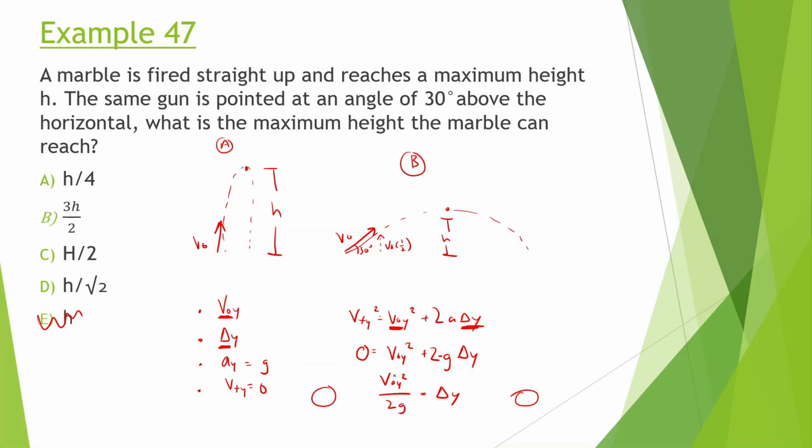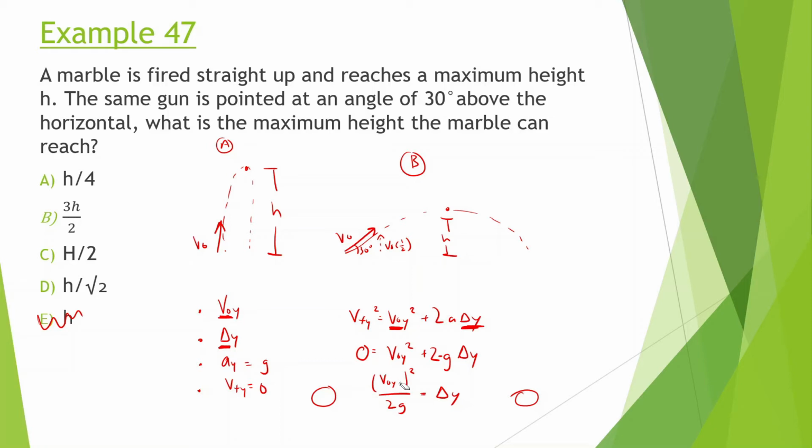So if I change this to be v initial times 1/2, the initial velocity in the y changes by 1/2 squared. What we see is this changes, and we're going to square everything.